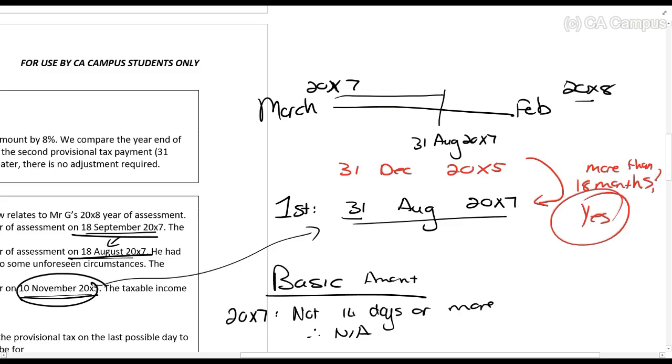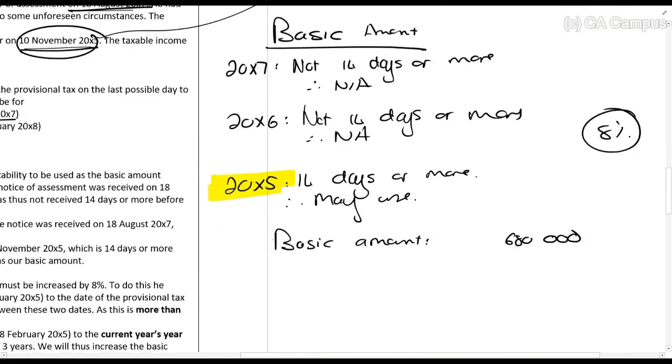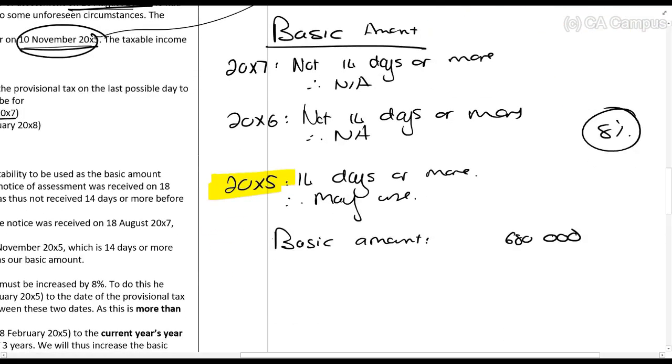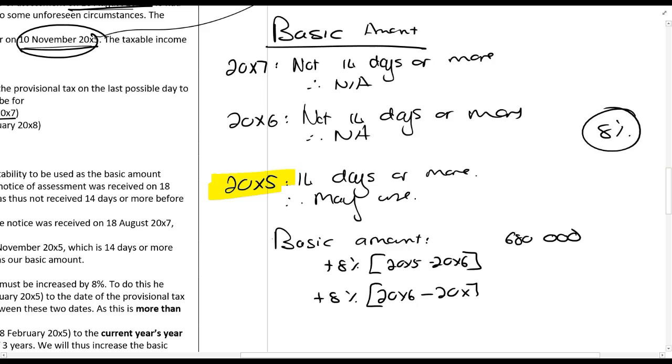So what you do then is you say, we are using the 20x5 year, we are now on the 20x8 year, there are 3 years between these, so we have to adjust this by 8% 3 times. So plus 8% for 20x5 to 20x6, plus 8% for 20x6 to 20x7, plus 8% for 20x7 to 20x8.